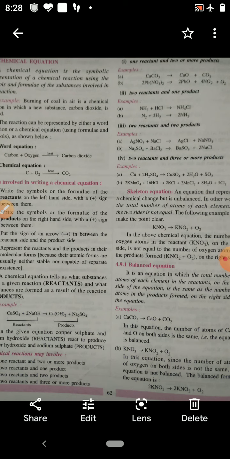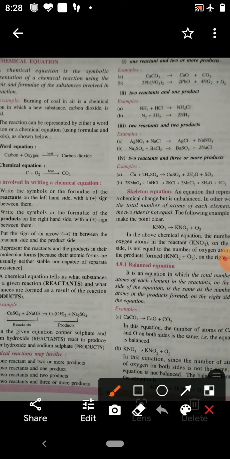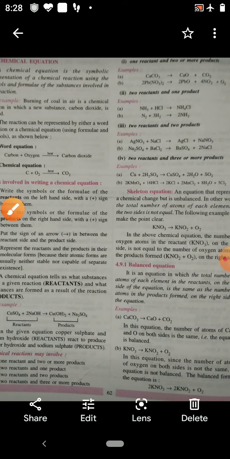So in the chemical equation, reactants are taken on the left hand side, products on the right hand side. So left side is the reactants and right side we are taking the products.